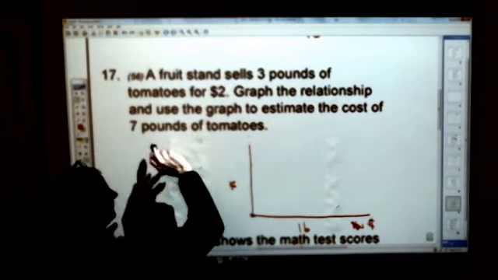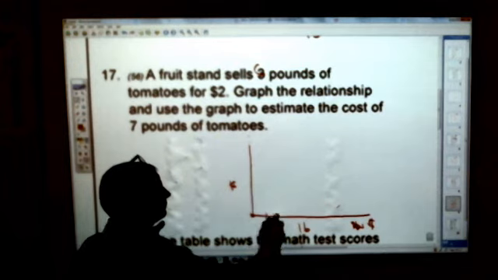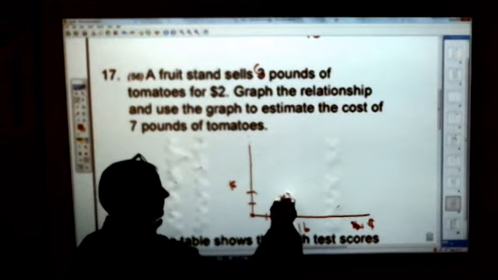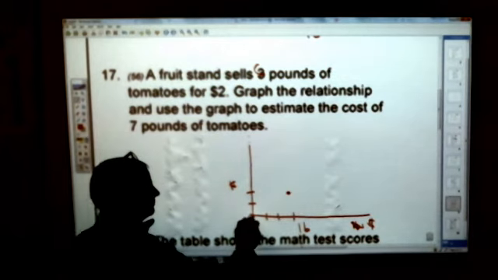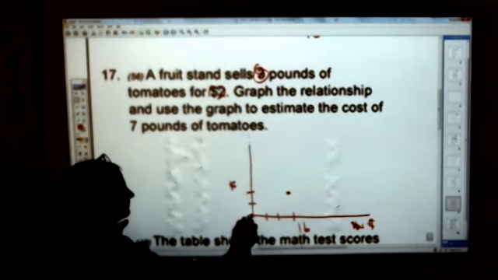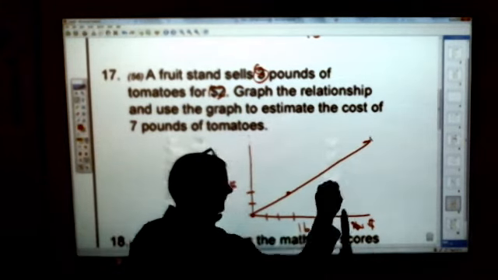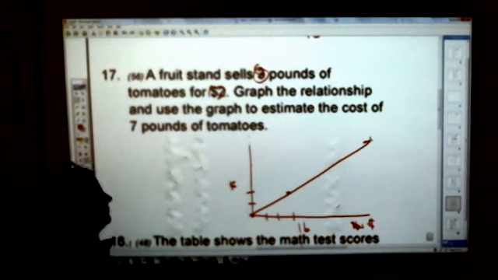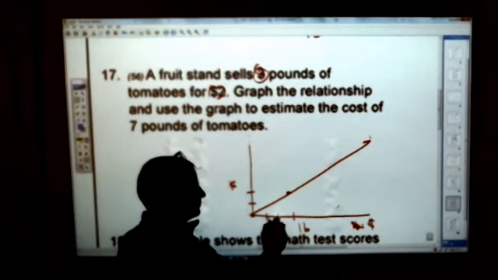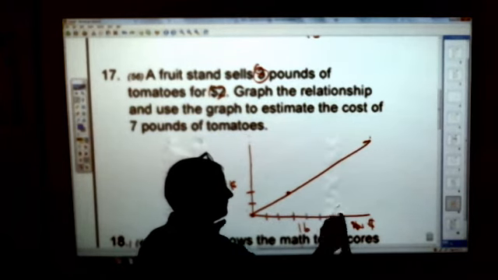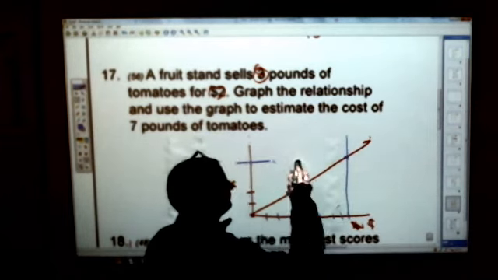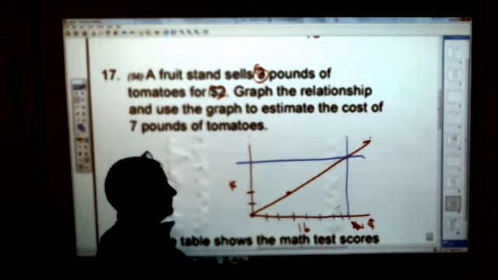Then you just need to graph this. 3 pounds costs $2. Draw your nice straight line, and then whatever they ask you for. They said 7 pounds, so you find line number 7. 1, 2, 3, 4, 5, 6, 7. Figure out where this line falls over here, and that would be the dollar amount.